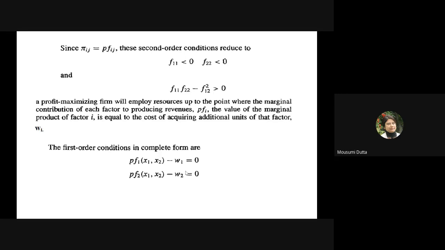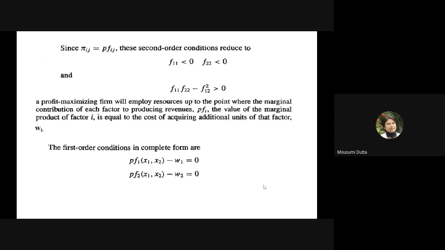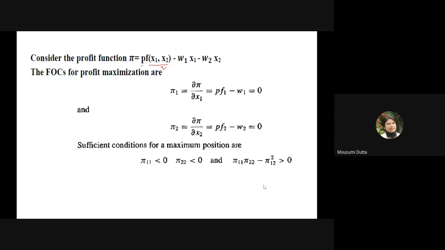Since pi ij is equal to P f ij, look at this: pi 1 1, pi 2 2, pi 1 2, etc. Pi ij, say pi 1 2 or pi 2 1, is equal to P f ij.